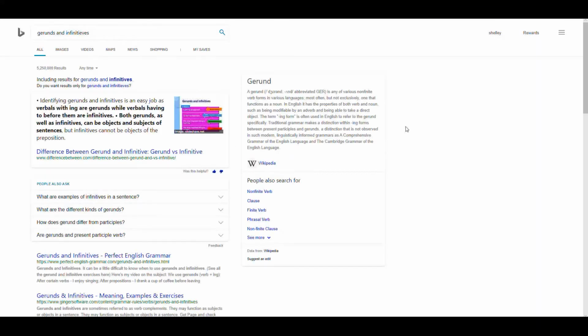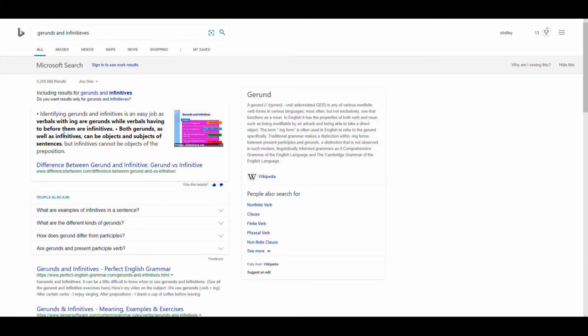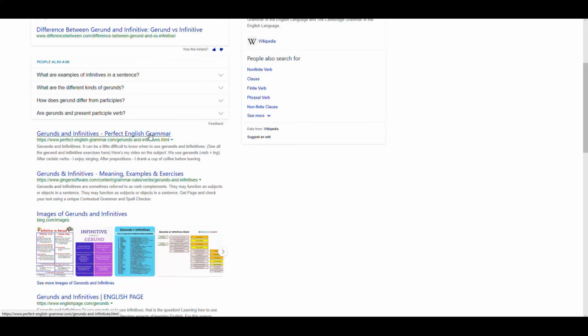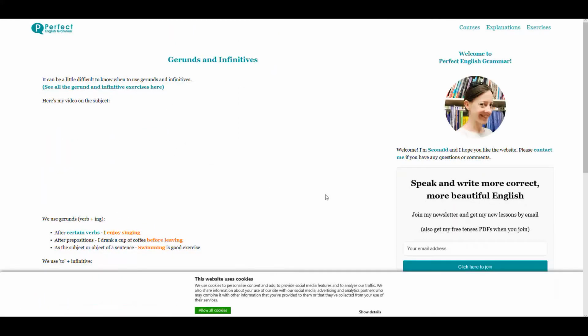Let's just see here. I'm thinking of a verbal. Okay, identifying gerunds and infinitives, easy job. If they end with ing, they're a gerund. If it has to before it, it makes it an infinitive. Both gerunds as well as infinitives can be objects.